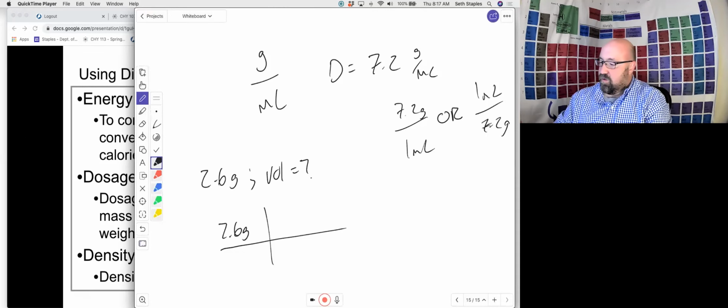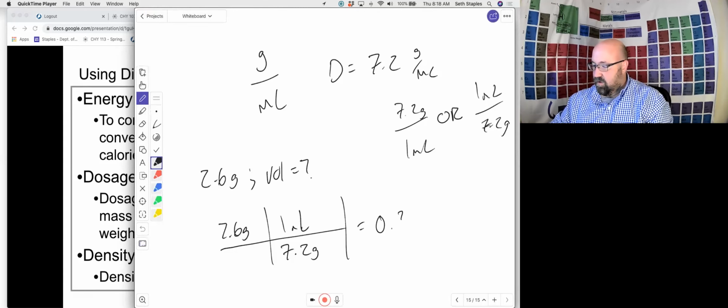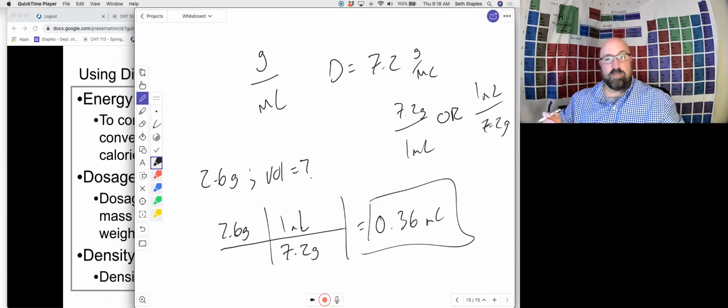So we can see that I want to use this in the second way. So I've got 7.2 grams per 1 milliliter. And then I just plug that into my calculator, my 2.6 divided by 7.2, round off for significant figures, 0.36 milliliters. Simple, a way to use conversion factors.